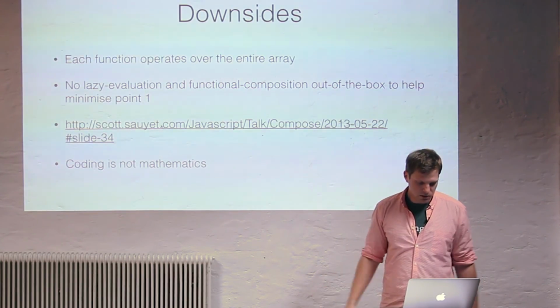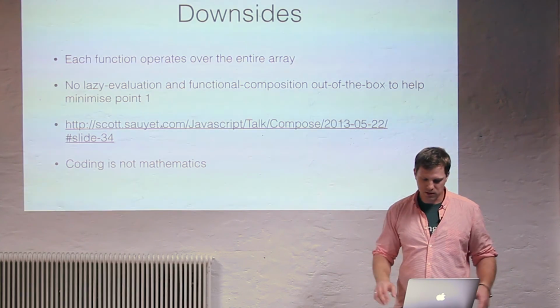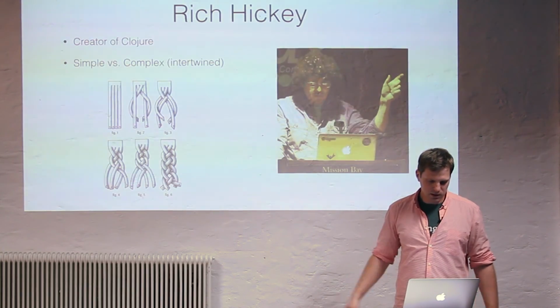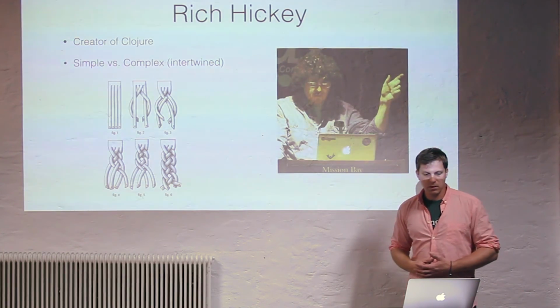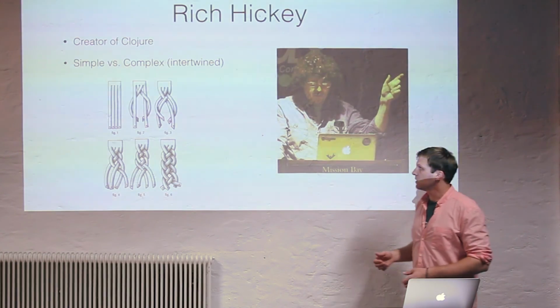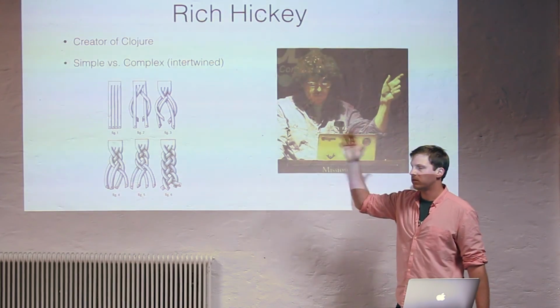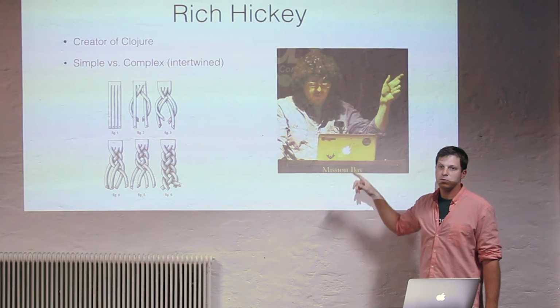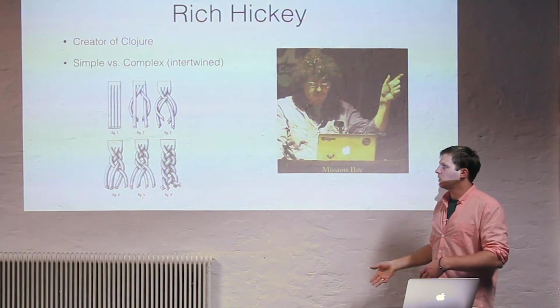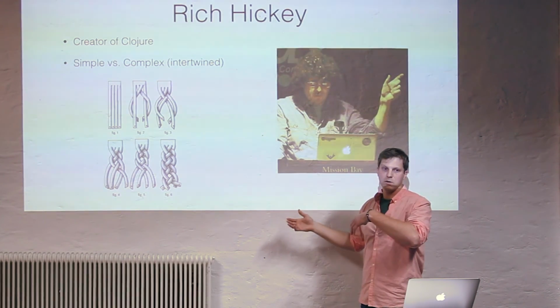And yeah, coding is not mathematics, so it's not a silver bullet or anything like that. But I think that the good stuff that I achieved by this can be simply described by this picture. This is Rich Hickey, the creator of Clojure, and he talks about how you can simplify and complicate your program.